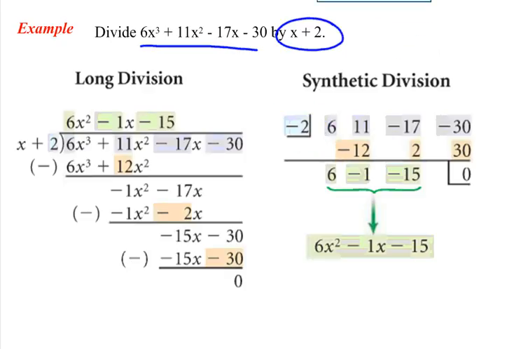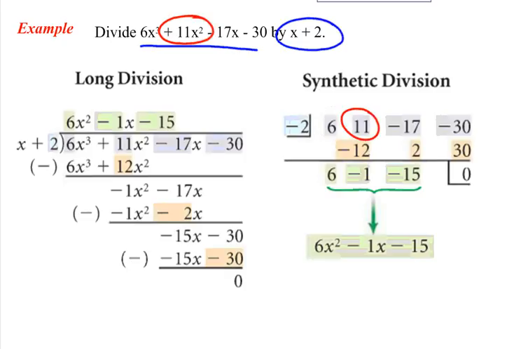The next thing we do is we take the coefficients of the polynomial that is being divided, and we write those coefficients out. So for example, the coefficient of this x cubed term is 6. That's why there's a 6 right there. The coefficient of the x squared term is positive 11.